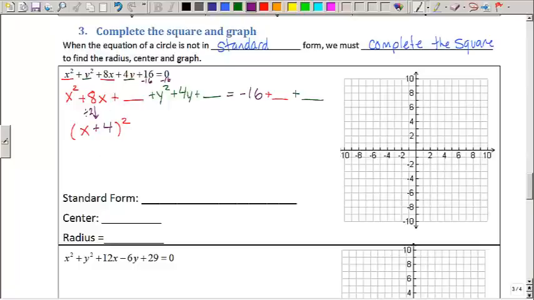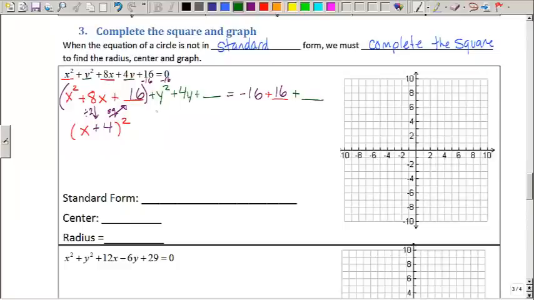In order for that to truly factor, you have to have a value here, and the value in the blank needs to be 4 squared. You divide by 2 to get 4, and you square 4 to get 16. So if there's a 16 here, this truly does factor into x plus 4 quantity squared. The only problem is you can't just go about adding a 16 to the left-hand side just because you want to. You then must also add 16 to the right-hand side.